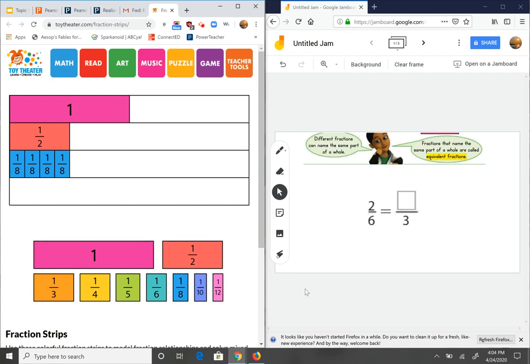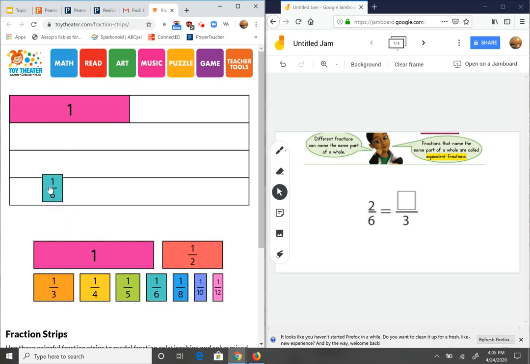Good. Now, in the next example, I'm looking at 2/6 is equal to something over the denominator of 3. In order to take this out, I'm just going to pull everything down and it will erase. If you have your tab open and you're working with your equivalent fractions and these strips, to take it away or clear it, you just pull them down. Now I need 2 of the 1/6.